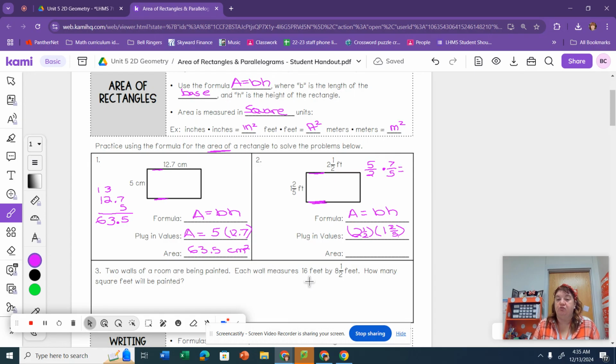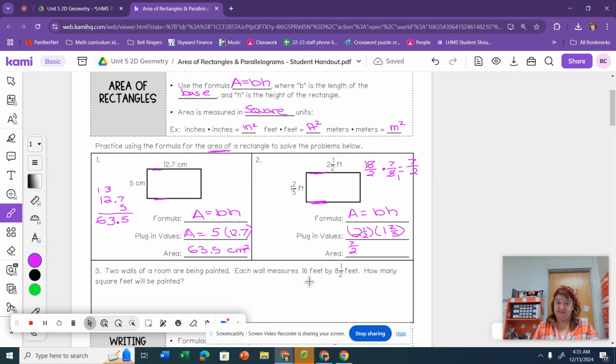Now, you can cross reduce here, and so this would be a 1, this would be a 1, and so then I have 7 over 2, and so I am fine with my class leaving it as 7 over 2.